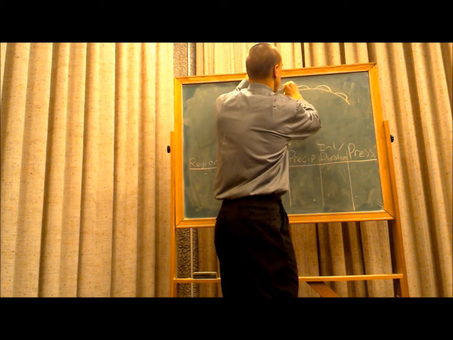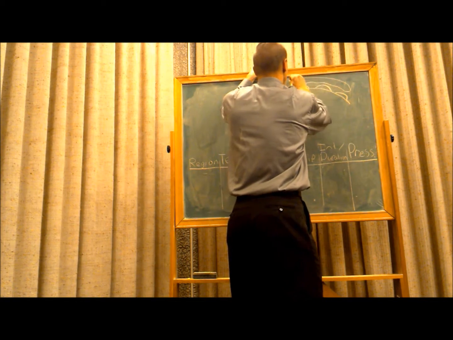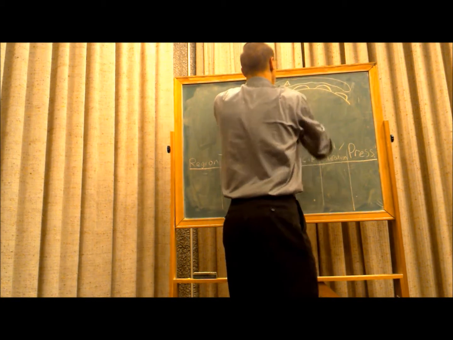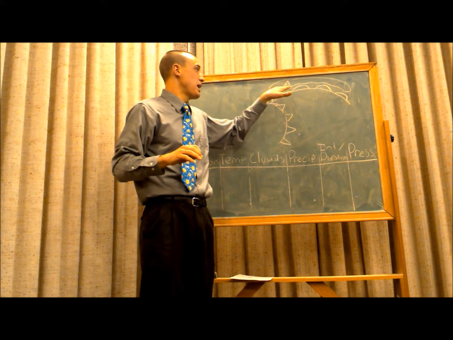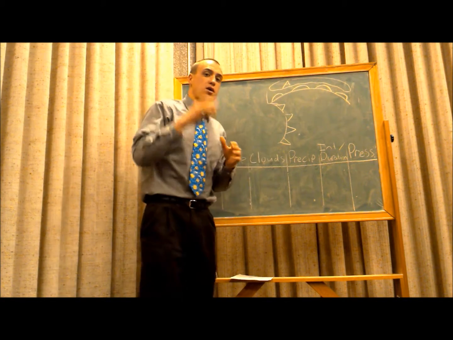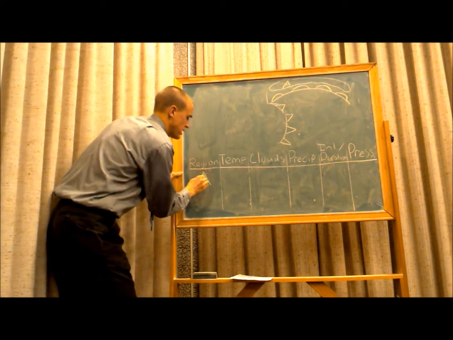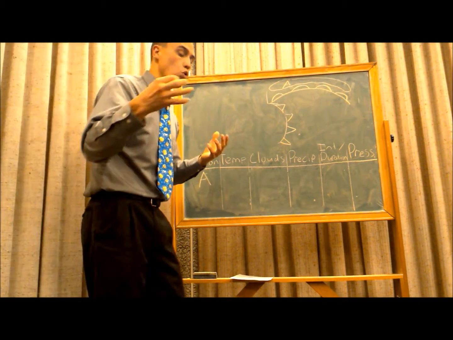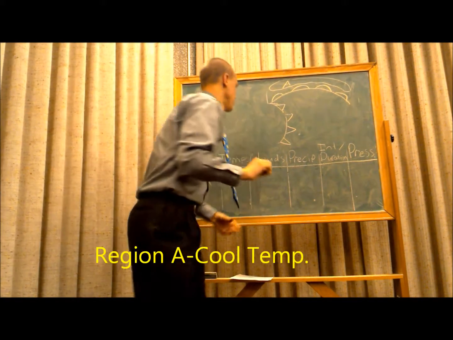This first section exists right above the warm front, and we're going to label it Section A. Now, Section A of the geography of the mid-latitude cyclone contains cool temperature. And why does it contain cool temperature?